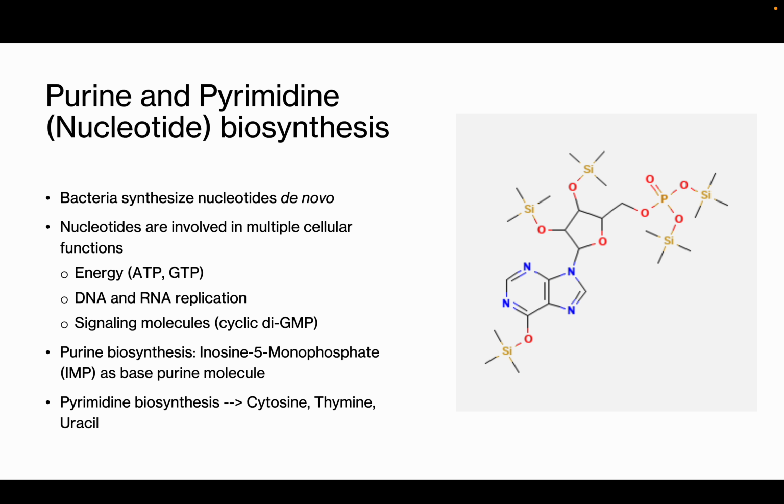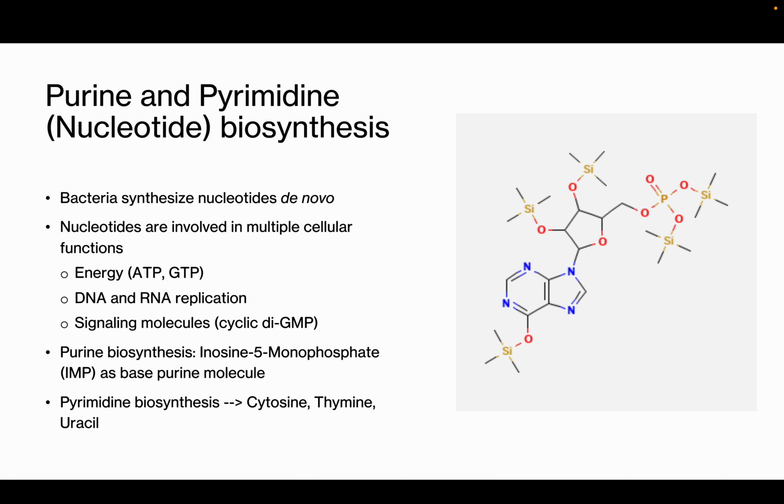To begin looking at the process of nucleotide synthesis, for the case of purines, adenine and guanine, there is a base purine molecule, as shown here, inosine 5 monophosphate. This base purine molecule serves as a branch point for the production of ATP and GTP.